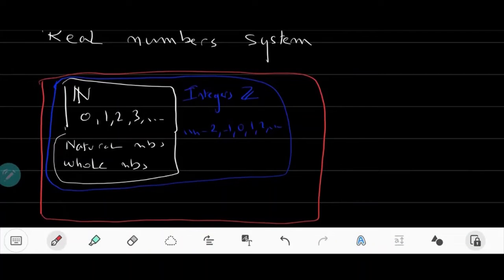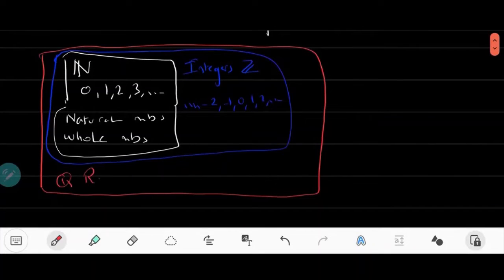So I will call it Q. Okay, so Q is the rational numbers set, and it contains all the numbers that can be written as the ratio of two integers. So they are all the numbers that can be written as P over Q, where P is an integer and Q is an integer, or it can be also a natural number. I will explain later why.